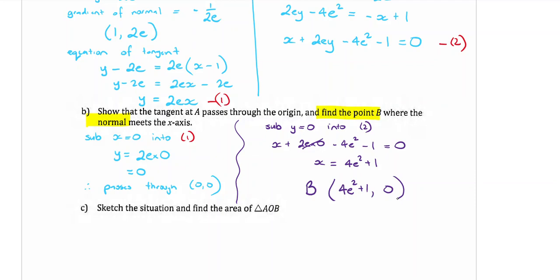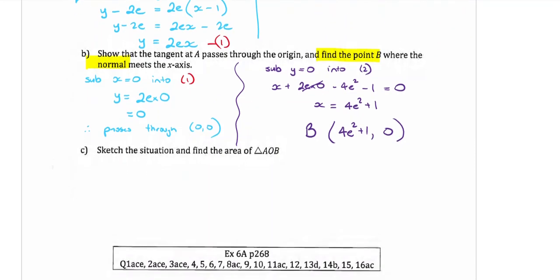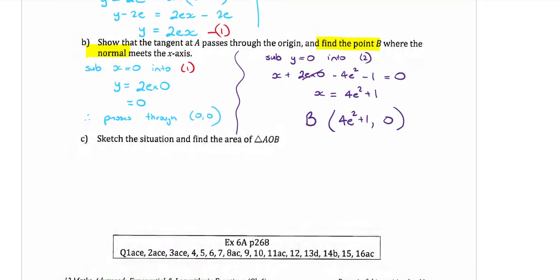Part C. Sketch the situation and find the area of triangle AOB. Okay. The original graph was y equals 2e to the x. Let's draw that.